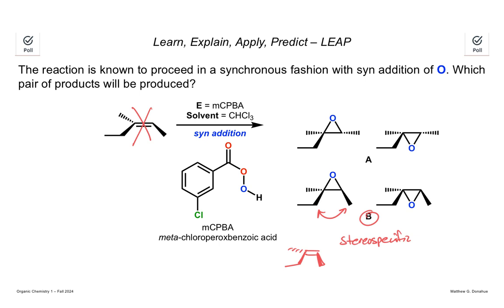So that's the logic in which a stereospecific reaction occurs. So that said, choice A would have to start from this alkene.